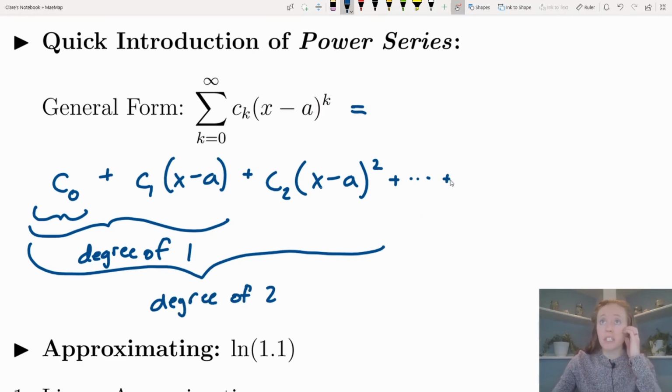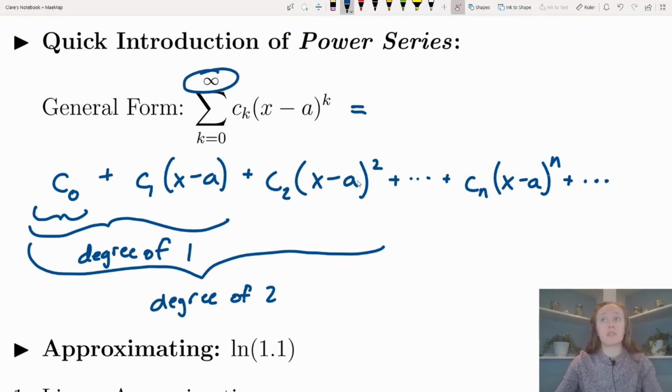And we could go up to n, so c sub n times x minus a to the n, so that would be an nth degree, but we're going towards infinity, so then that would continue on. And this is just the general form for how our power series is laid out. The powers of x change, hence a power series. But this is just a quick introduction, and I'm going to build on this and come back to this a little bit later in this worksheet and in a different lesson.